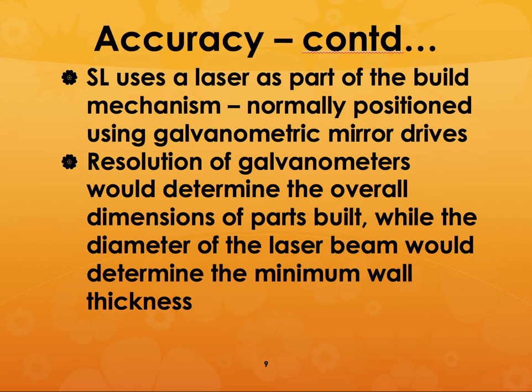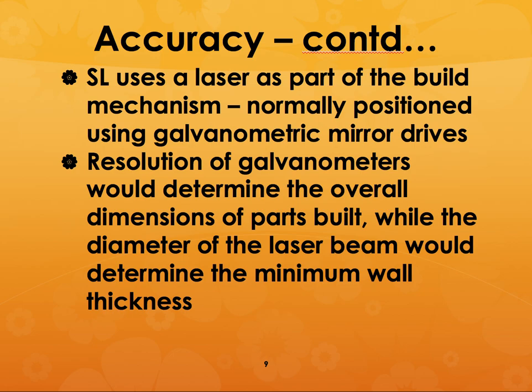In the case of stereolithography, SL stands for stereolithography, it uses a laser as part of the build mechanism. So that is going to be controlled by galvanometric mirror drives. The resolution of that would determine the overall dimensions of the parts being built, while the diameter of the laser beam would determine the minimum wall thickness.